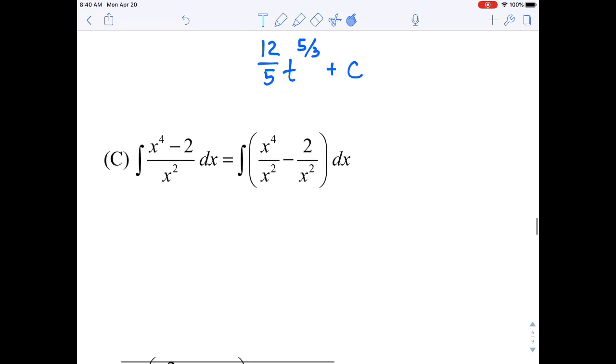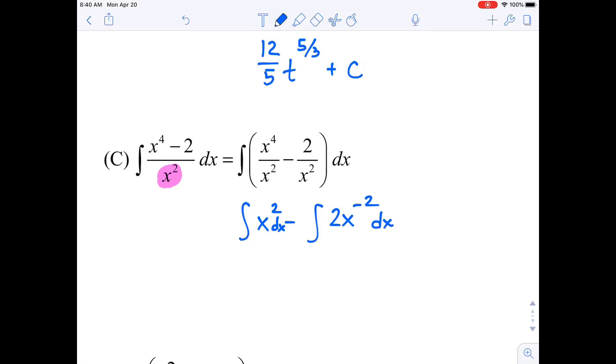So long as we have one monomial in our denominator, we can split a binomial or trinomial, whatever, in the numerator. So you see how we can split that. So this is the integral of x squared minus the integral of 2x to the -2. And naturally, we should have our dx's in here. I sometimes forget. So this is 1/3 x to the third.